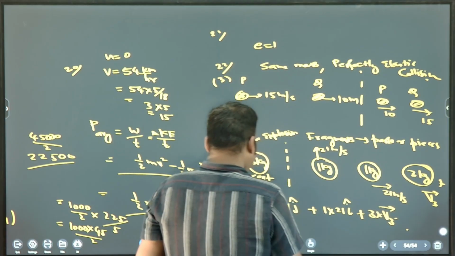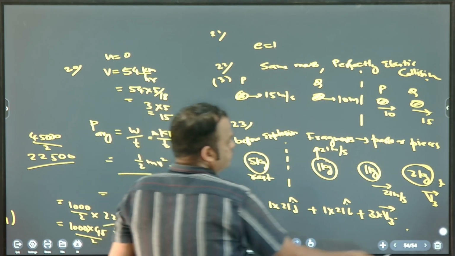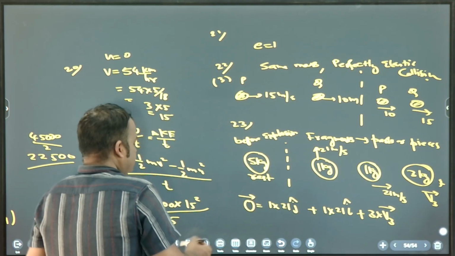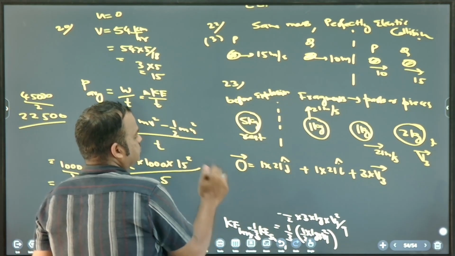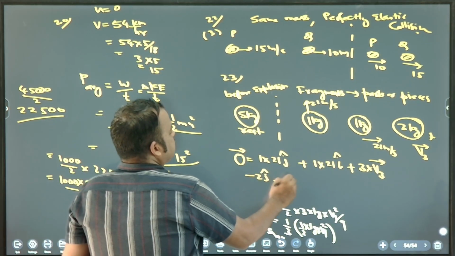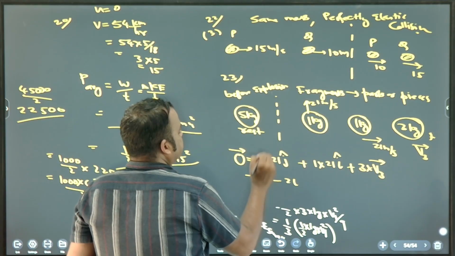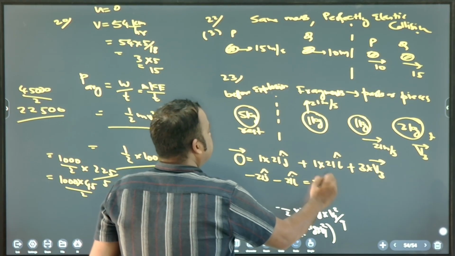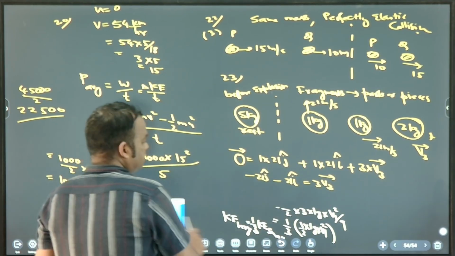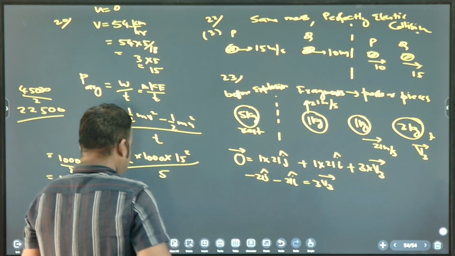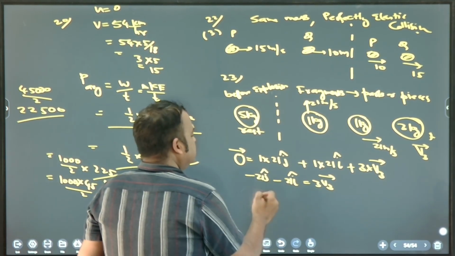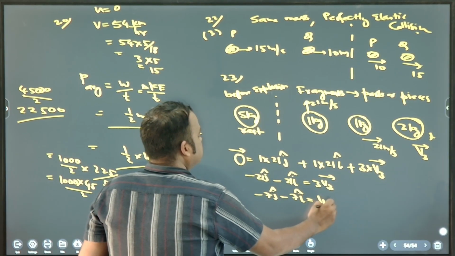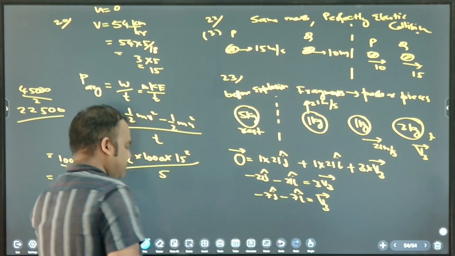So minus 21j minus 21i is equal to 3 v3 vector. Now divide by 3. So minus 7j minus 7i is equal to v3 vector. This is the answer.